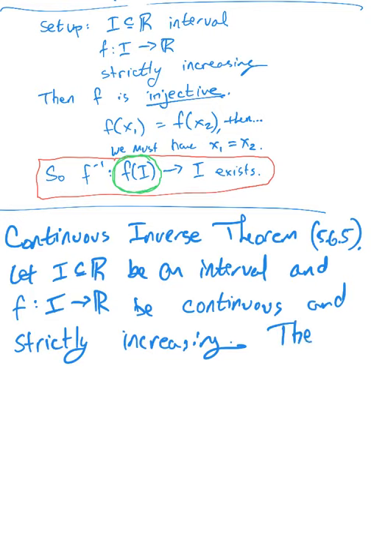Then f inverse, which again would map from the range of f back to I, exists. That we already knew, but here's the new information: it's also continuous.